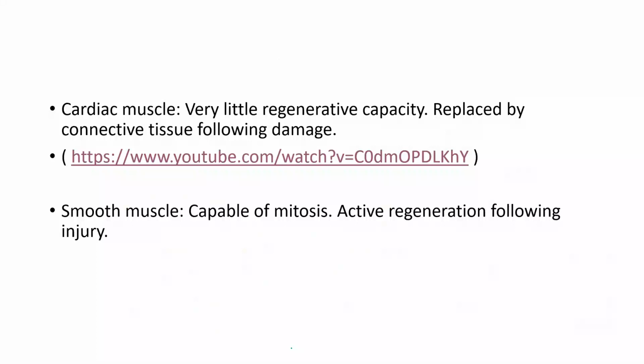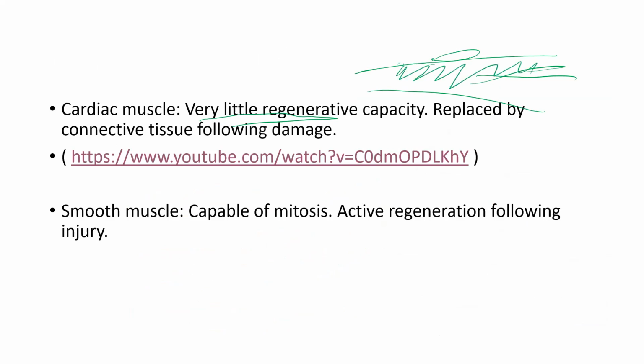Okay. So cardiac muscles also have very little regenerative capacity, and usually there are fibroblasts between the cells, and when there is damage to the muscle cells, they are replaced by connective tissue, and this forms scars, right?